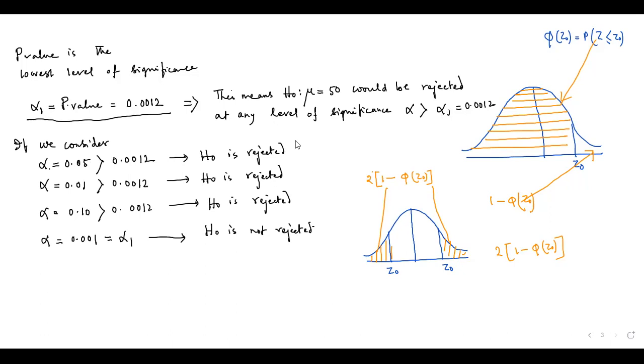So what have we found over here? That the lowest level of significance is this one. Oh no, just a minute. 0.001 and 0.0012. 0.0012 is actually here since I'm considering 0.001 to 4 decimal places.